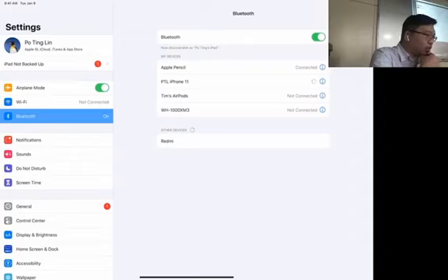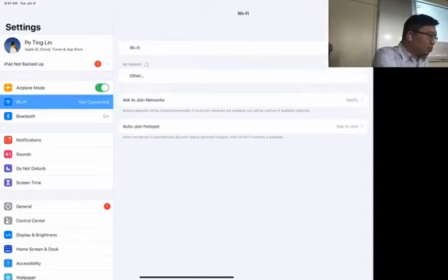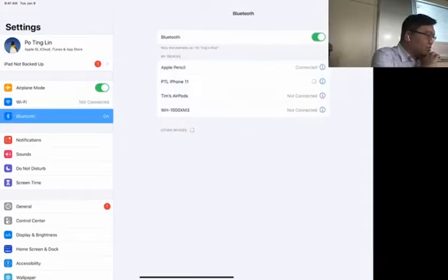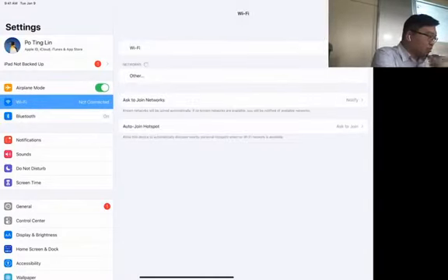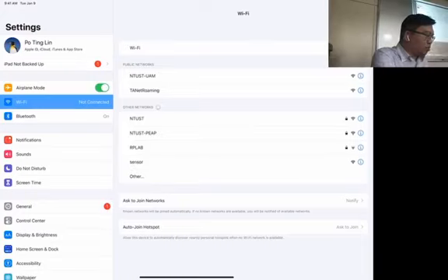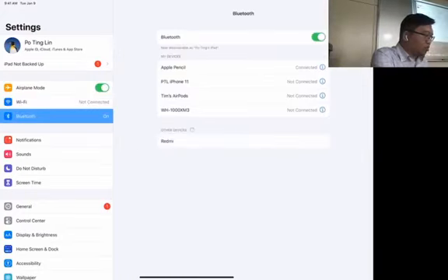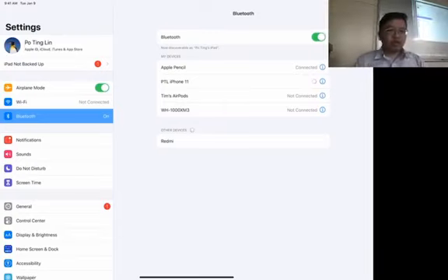Need to connect to the internet. Let me try another trick. I'm not sure if it works.